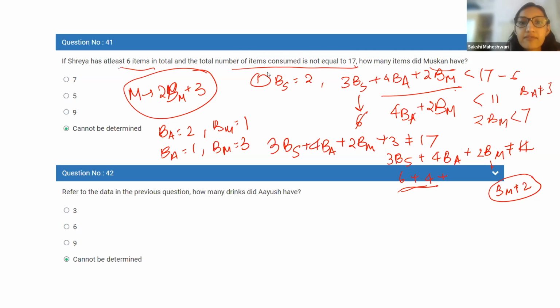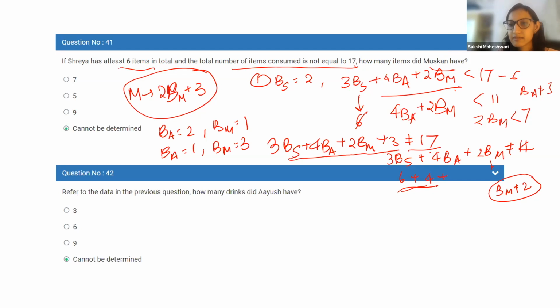No, we have taken this 17 because it's mentioned that the number of items consumed is not equal to 17. The total number of items is 3 BS plus 4 BA plus 2 BM plus 3, and this is not equal to 17.